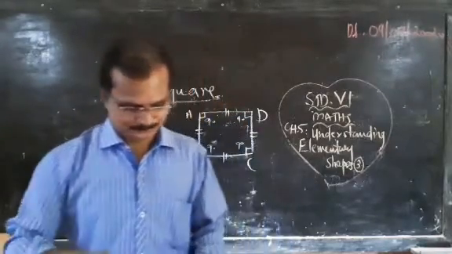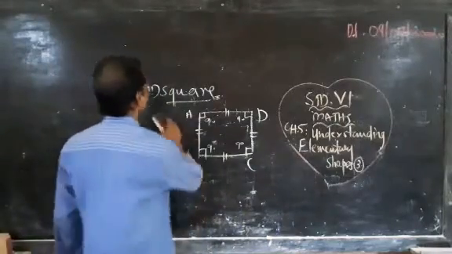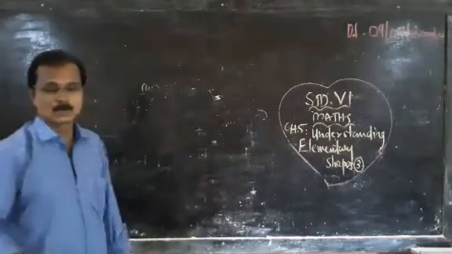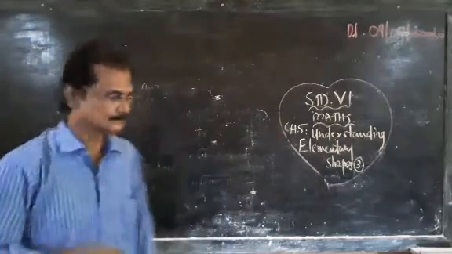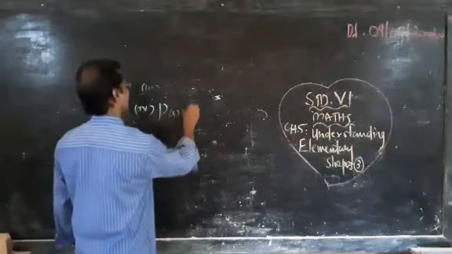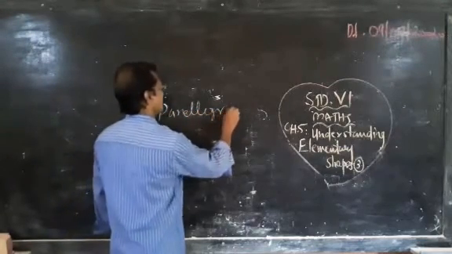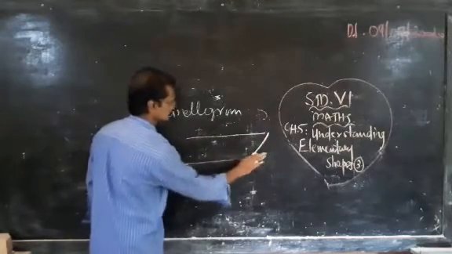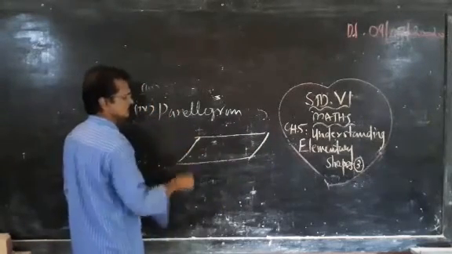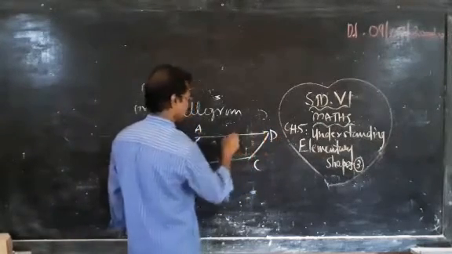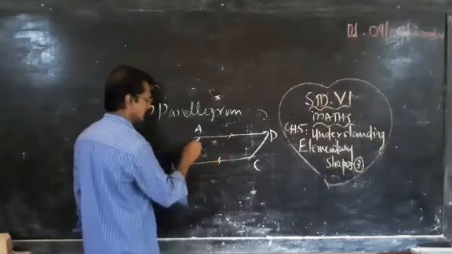Then comes parallelogram. What is a parallelogram? Opposite sides are parallel. A, B, C, D: these two sides are parallel and equal.